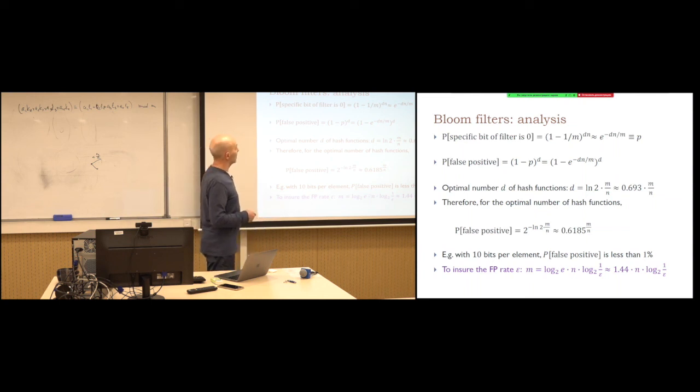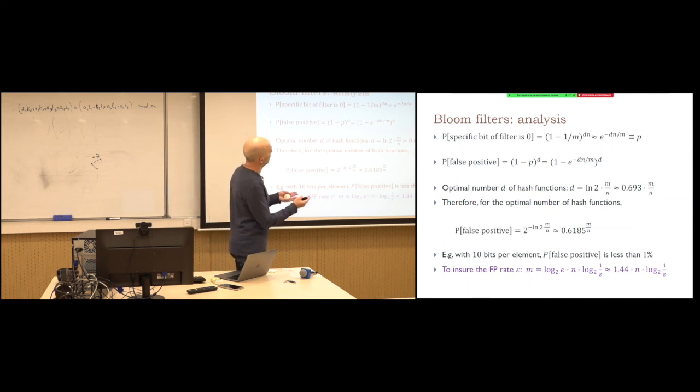And then what we can do is to find the optimal d. What does this mean? It means that if d is too small, intuitively the false positive probability will be high because we don't have enough bits to discriminate between objects which are in the set and which are not.